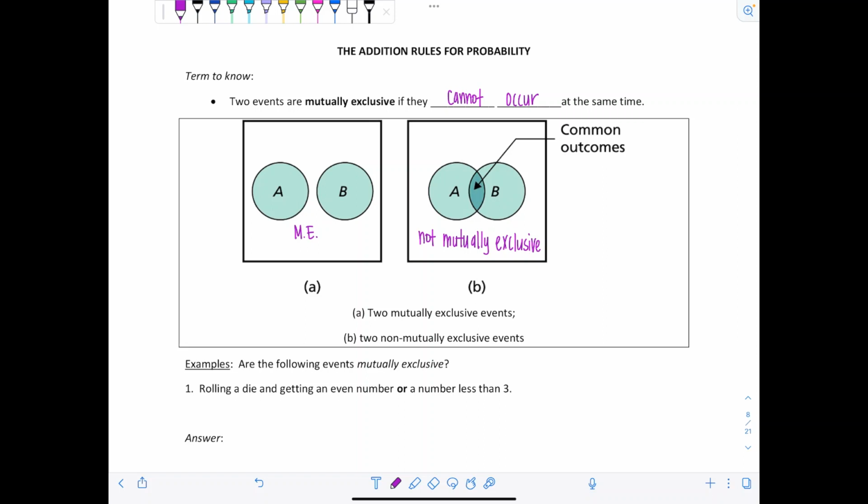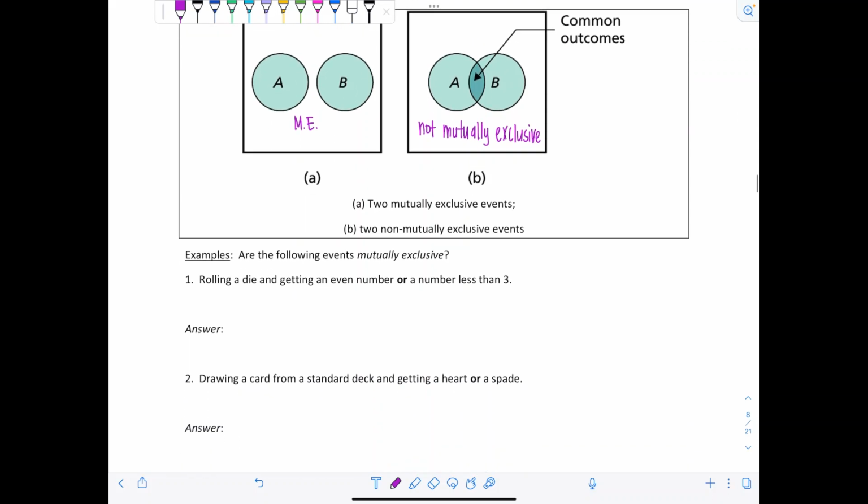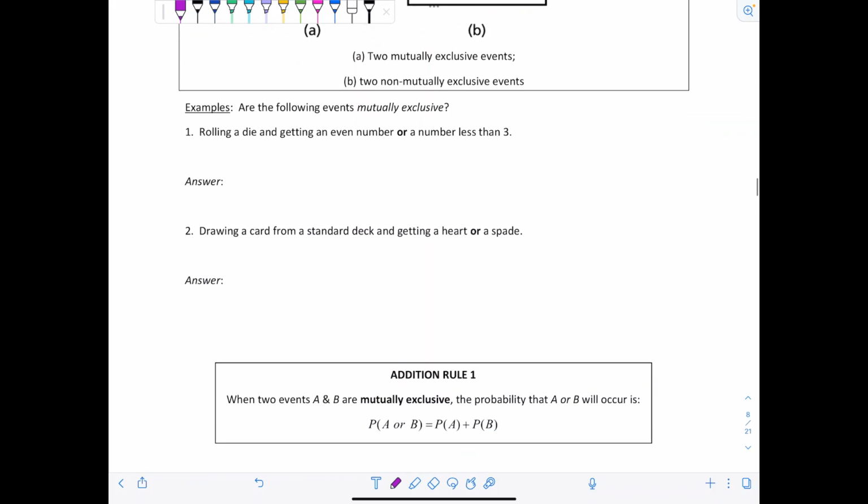So let's just first practice identifying whether or not two events are mutually exclusive, okay? So example 1, rolling a die and getting an even number, that's one event. Let's call it event A. Or roll a die and get a number less than 3. So are these two events mutually exclusive? Can they happen at the same time or not? Easiest way is just list out all of the ways each of the events can happen.